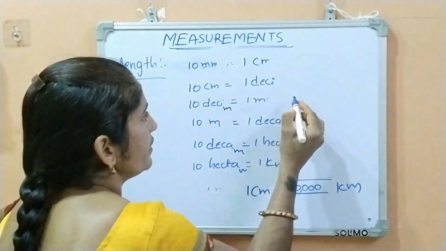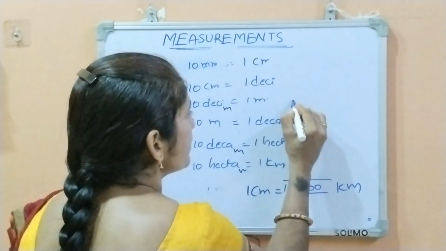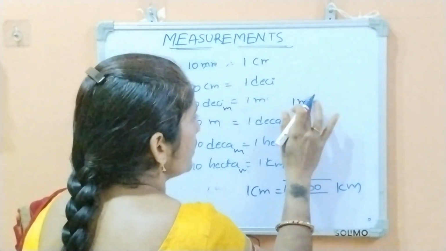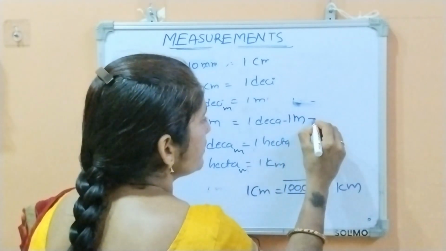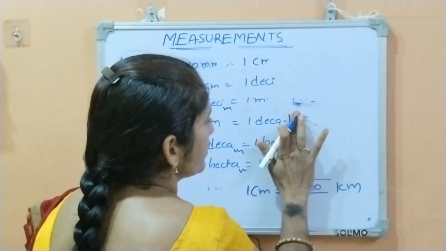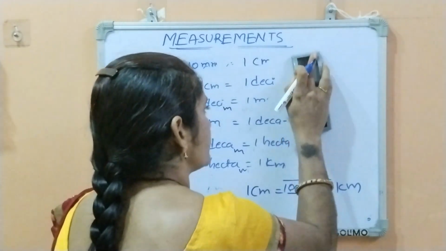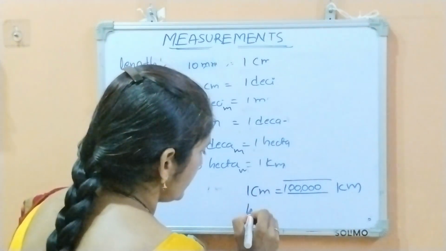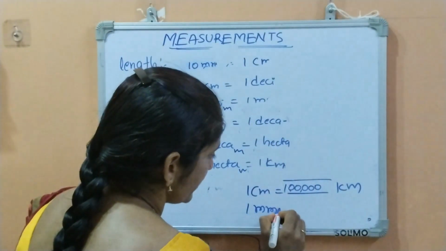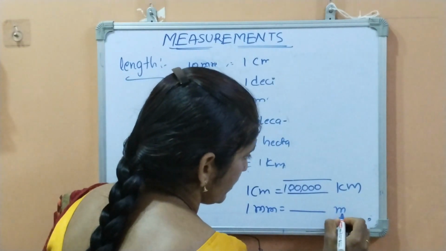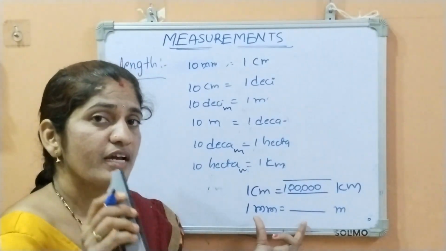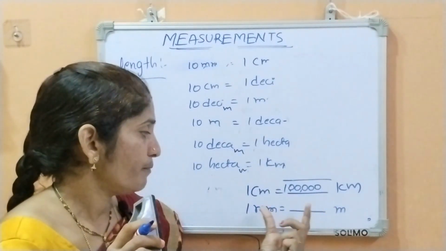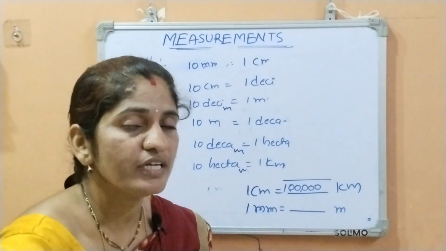Now, how many meters for a millimeter? Remember, we are converting smaller units to bigger units.